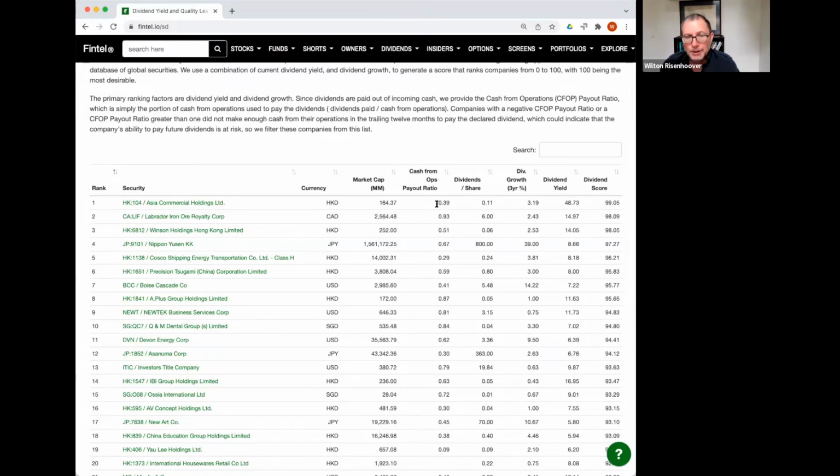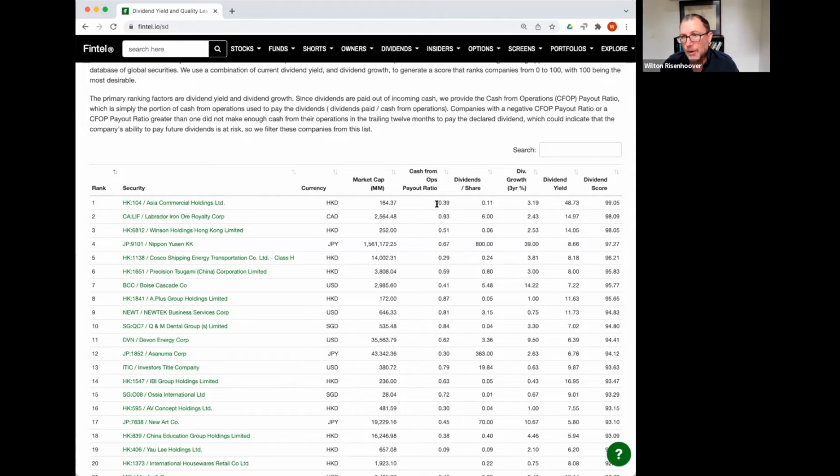But what I'm interested in is the cash from operations payout ratio. The reason is that a dividend is cash out, and cash from operations is the actual amount of cash that's generated from the operations of the company. For my money, this is most important because you want to make sure that the dividends being paid out are sustainable from the cash being generated from the actual operations of the company.